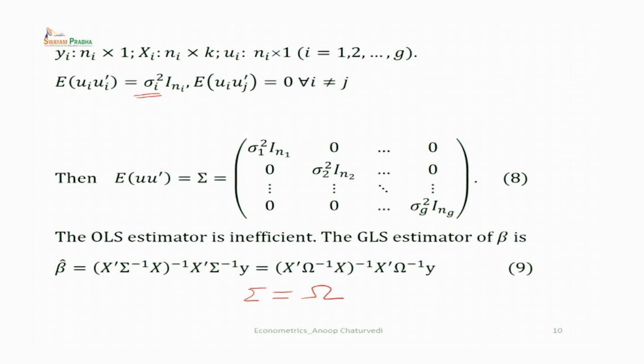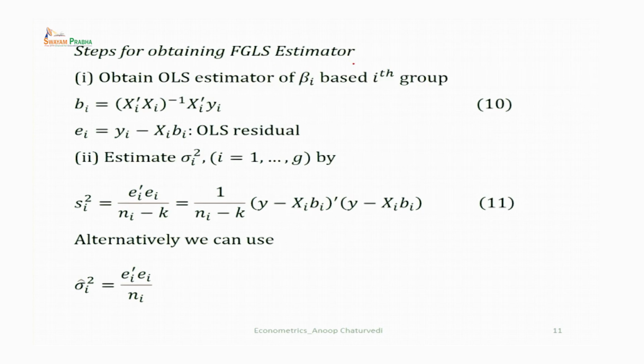So, for obtaining the feasible generalized least squares estimator, you have to estimate these sigma square i's, and then replace these parameters by their estimators in this expression for the GLS estimator. So, these are the steps for obtaining the FGLS estimator for grouped data.